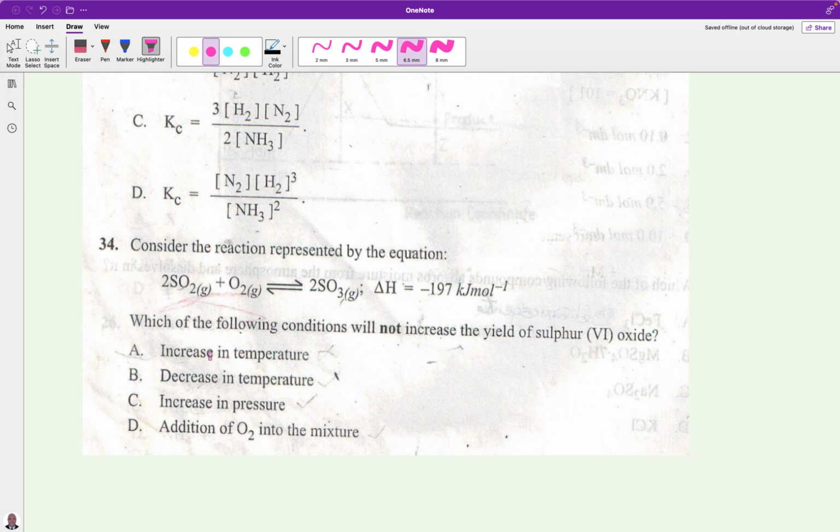We are instead favoring the endothermic direction, that is, more sulfur dioxide and oxygen are produced. So A is the only condition that will not increase the yield of sulfur 6 oxide, or sulfur trioxide. So our answer for this question is A.